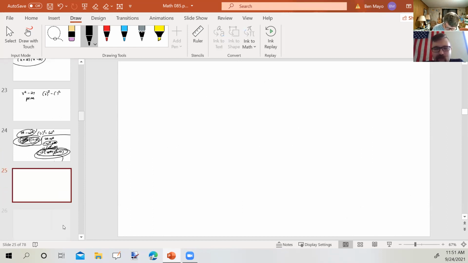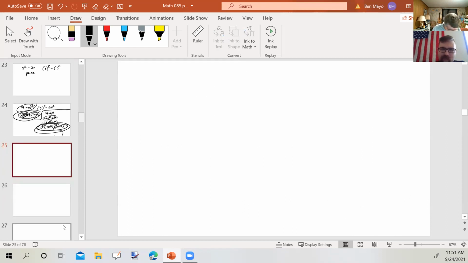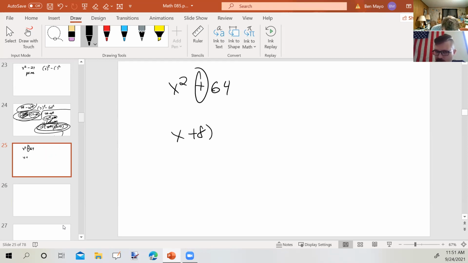Okay. Oh, what about this one? X squared plus 64. Is that the difference of two squares? No, it's not the difference of anything. It's the sum of two squares. Well, let's see. Would that be x plus 8 times x plus 8?